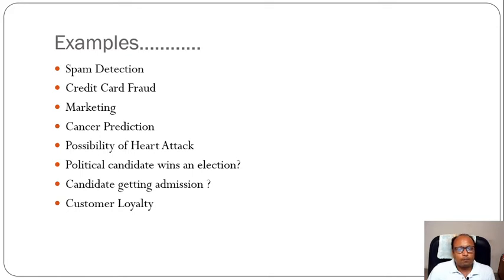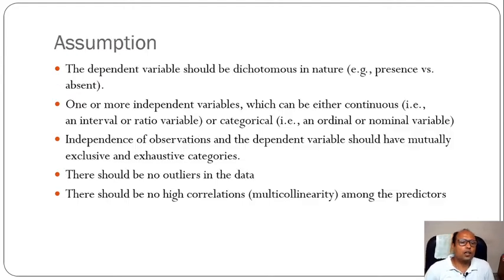Based on the candidate response, somebody standing in an election, you want to categorize them as either winning or losing the election. Similarly, when somebody is applying for admission, your dependent variable is either getting admission or not, depending on their score, gender and other information. Based on the purchasing pattern, you want to classify the respondent as loyal or non-loyal. So these are some examples where you can use binary, or what you call logistic regression analysis.